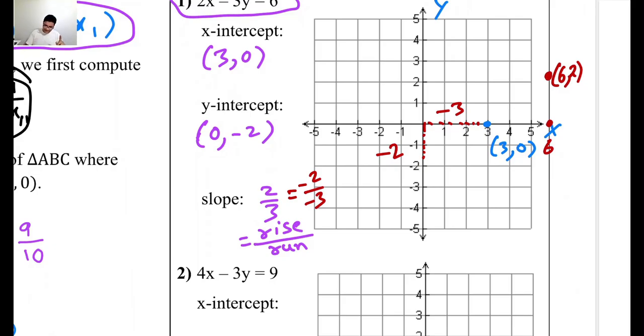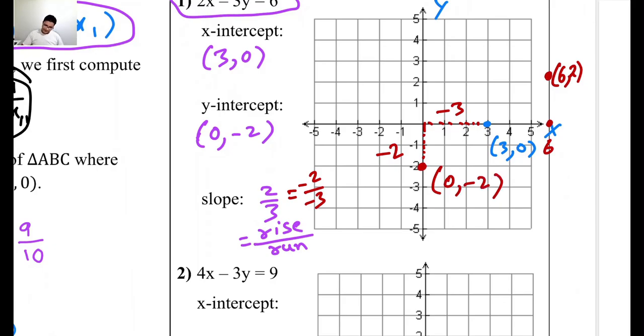So what I'm saying is this. Take a point and then look at the slope. Understand the slope as rise divided by run. Move horizontally by the amount in the denominator, the run. Move vertically by the amount in the numerator, the rise. And that takes you to another point on that line. And once you have 2 points, you don't have to do both of these. I was just showing any one of them, either the 6, 2 or the 0, -2.